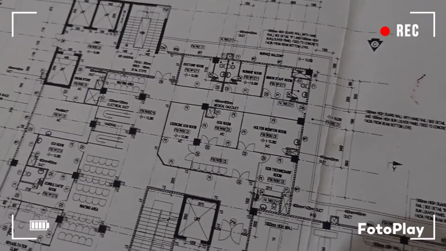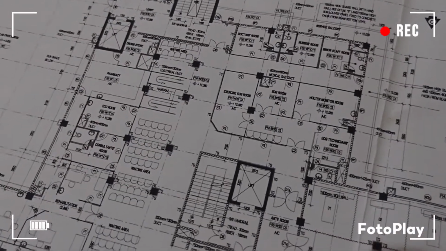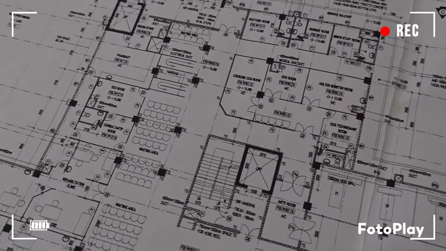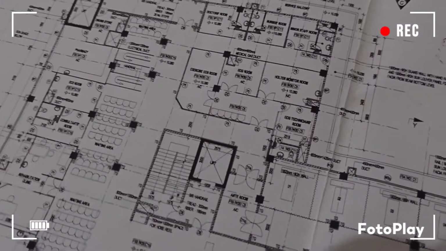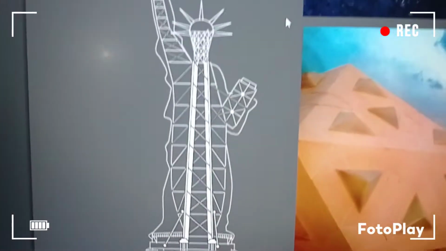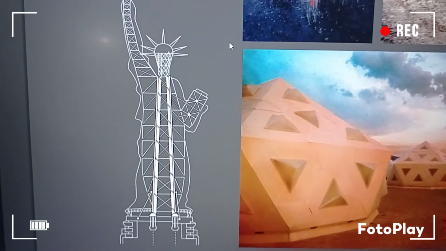In order to get a clear understanding about the structural form, I'm going to show you the Liberty statue. So this is the Liberty statue. You can clearly see the statue.